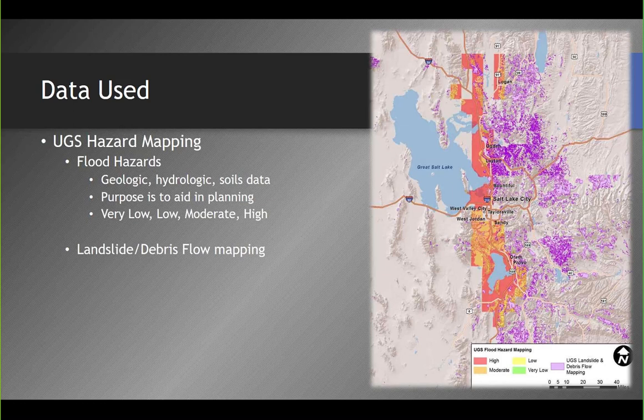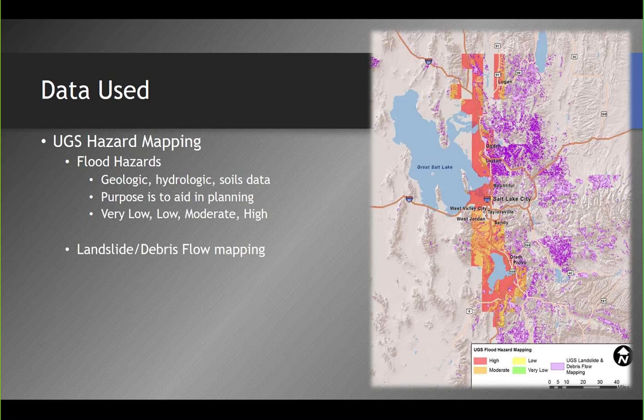Basically what they found was that everything downstream from the mountain front into the valley is what they considered high hazard flooding, which makes sense. So I would say it's somewhat coarse level mapping, but it is useful information to identify where there might be some high hazard flooding.